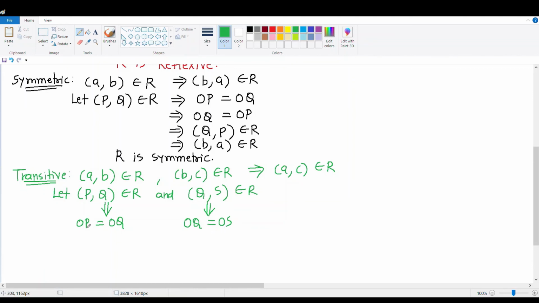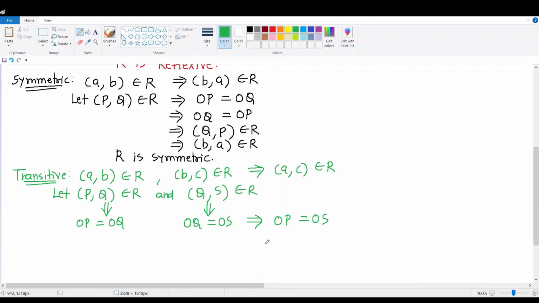So if you have OP equals OQ and if you have OQ equals OS, can't you say that OP is equal to OS? Of course you can, right? OP equals OQ, but OQ equals OS. So OP equals OS.